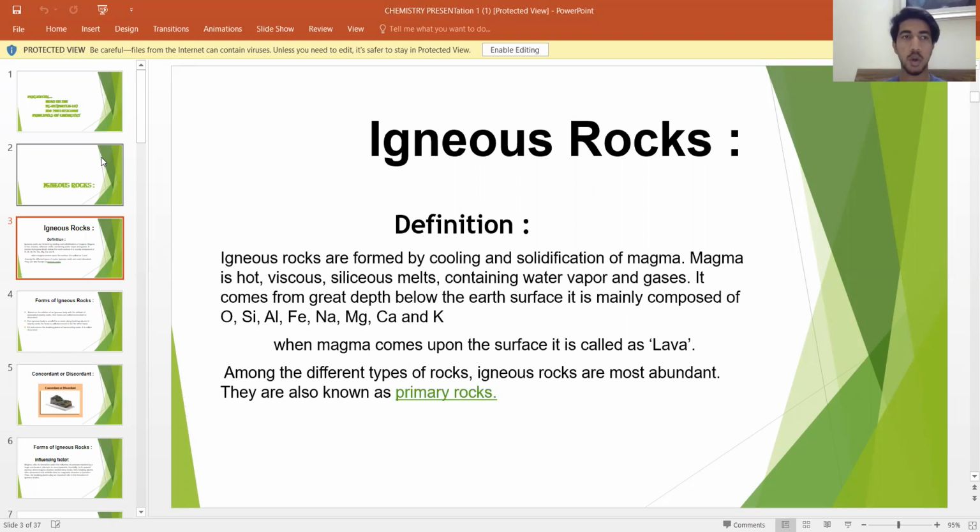So there are two types of igneous rocks. These include intrusive igneous rocks and extrusive igneous rocks. Intrusive igneous rocks form when magma is trapped deep inside the earth. Great globs of molten rock rise towards the surface.